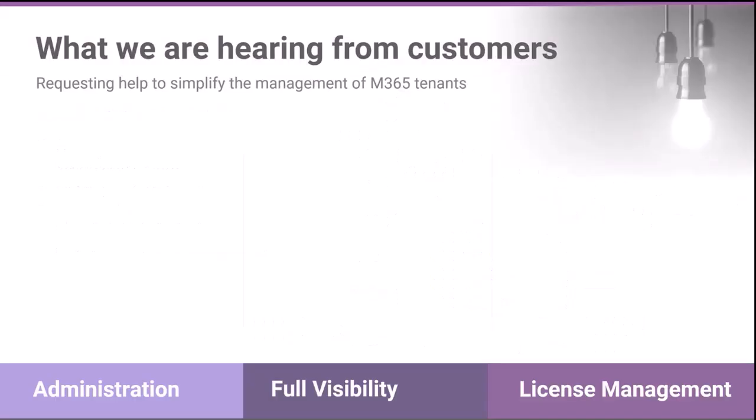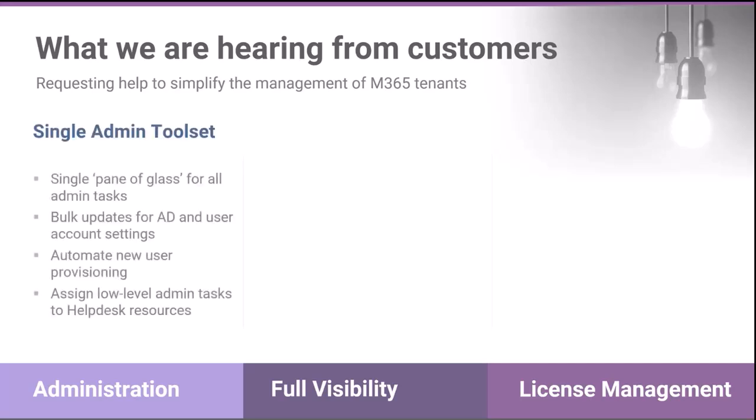So what we heard from customers all around the world when we were doing our discussions over the past few years is they wanted better capabilities for these 3 main categories. First of all, administration: one tool set to do everything, one single pane of glass instead of multiple that you'd have to keep switching between.